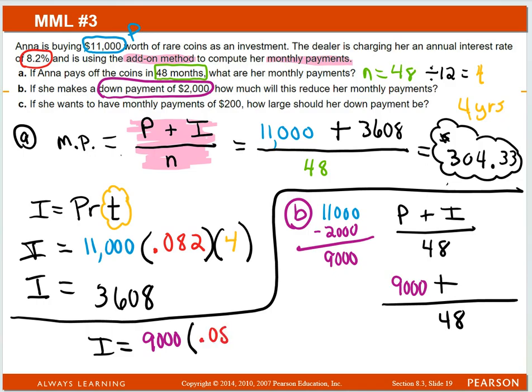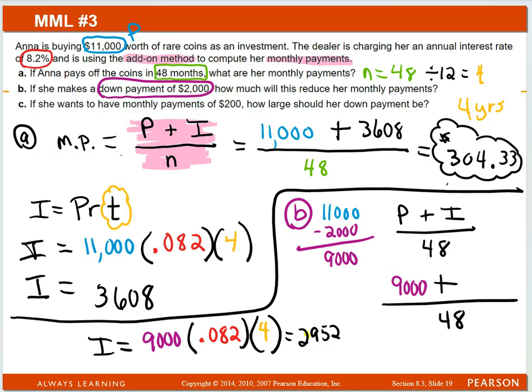It's still the same interest rate, 0.082, and it's still for the 4 years. So I take 9,000 times that times that, and I get 2,952. That's your new interest.